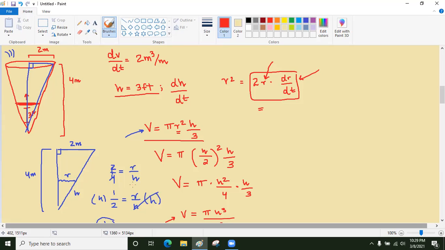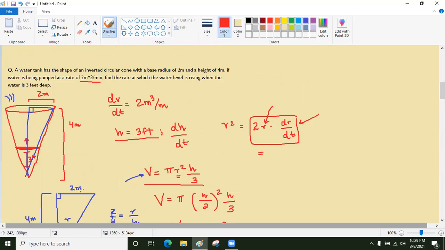And the original formula, which is going to lay the foundation for the entire problem, is going to be directly related to the geometric shape described. So here you can clearly deduce that we're looking at the volume of a cone being filled.